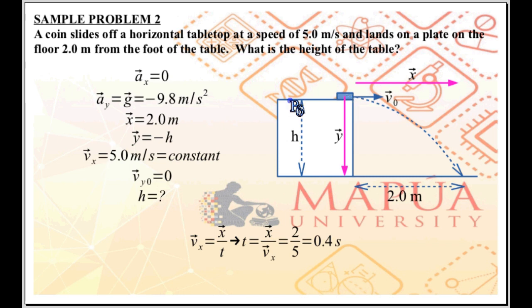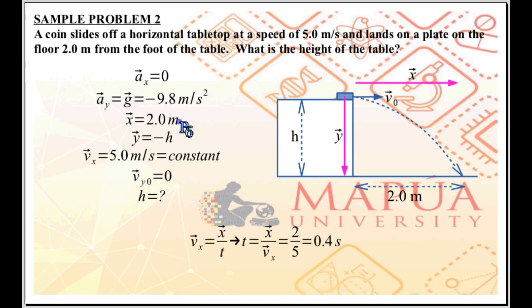In terms of the displacement, from initial position to final position, along the x-axis, the motion of the coin is from here to here. So this is displacement x, positive direction, magnitude is just equal to 2 meters.